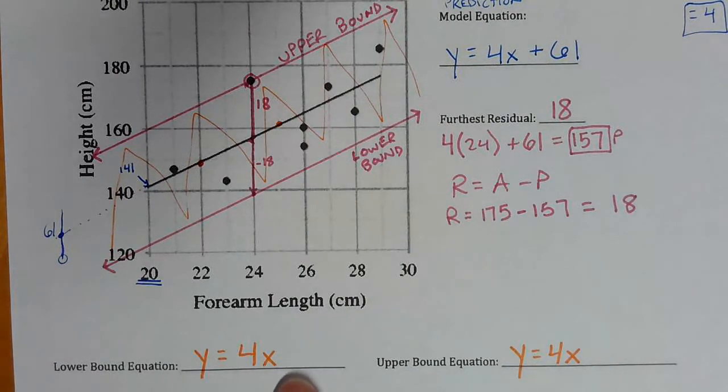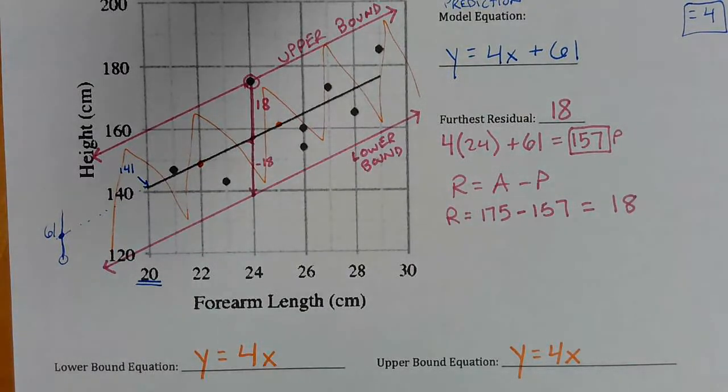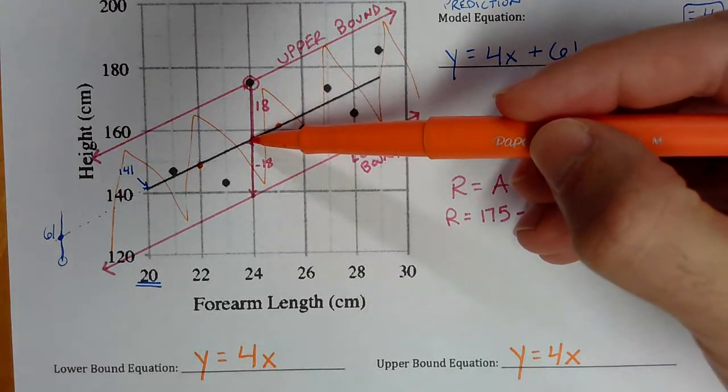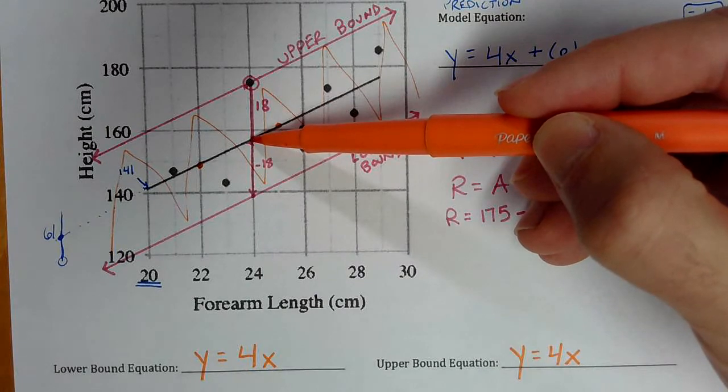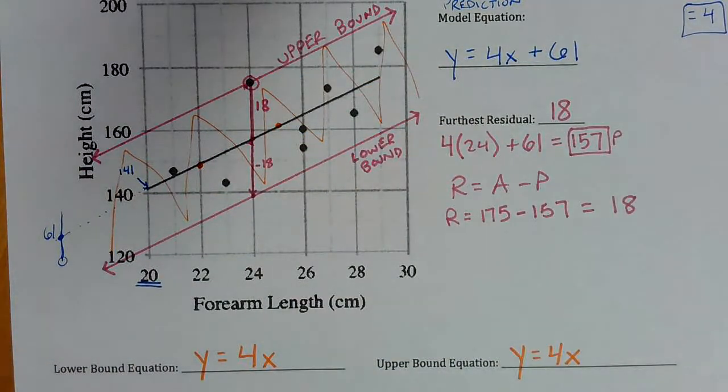Now the question becomes, what's the y-intercept? Well, to shift a line up or down, we're changing where it crosses the y-axis. We're changing that intercept. So if I shift this line 18 up, that means the y-intercept would also shift 18 up.